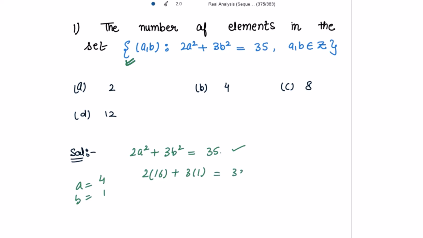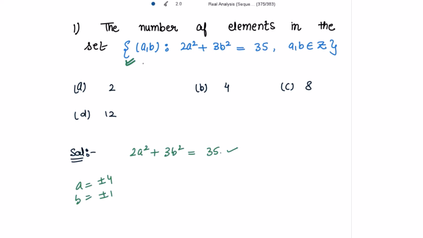So this is 32 plus 3, yes, we are getting 35. So 4 and 1 are valid values for this equation. Because there is a square on a and b, we can also get the values -4 and -1. So for a equal to plus minus 4 and b equal to plus minus 1, this equation is valid.